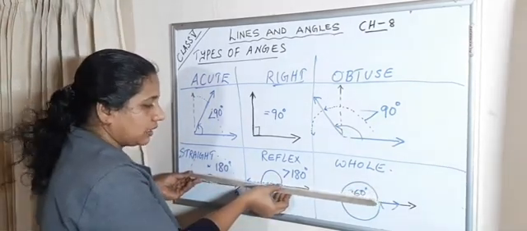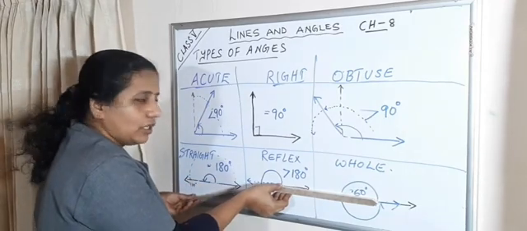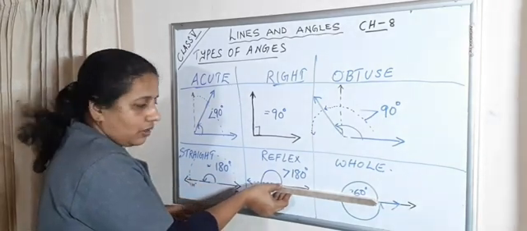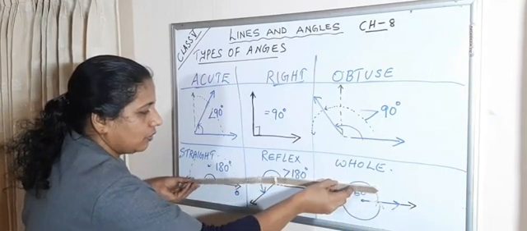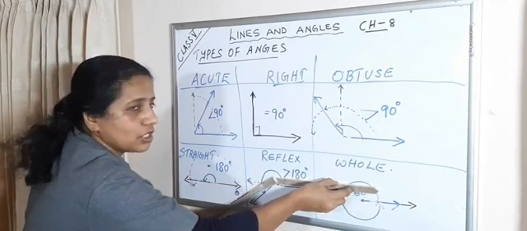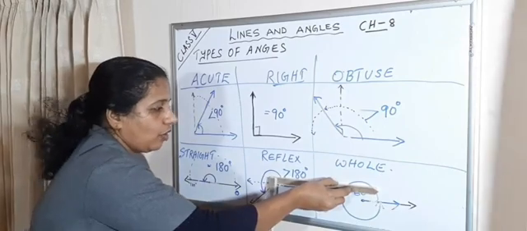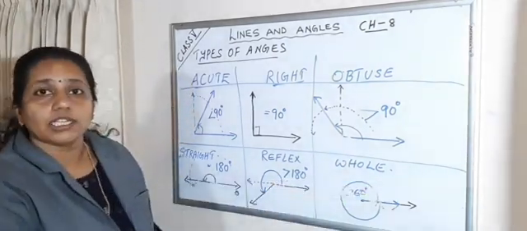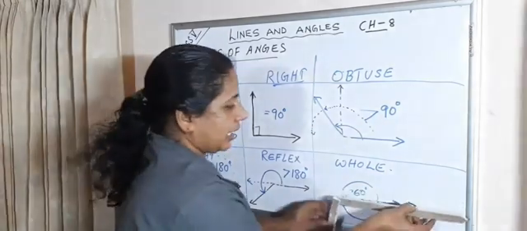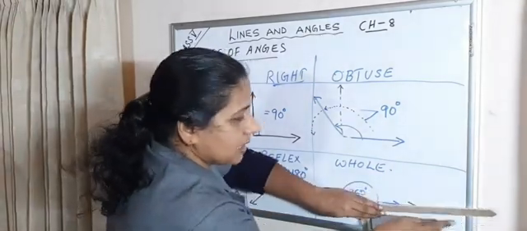Now when I move the second arm down, look here, so many angles we can form. Angles greater than 180 degrees are called reflex angles. This is my first arm.